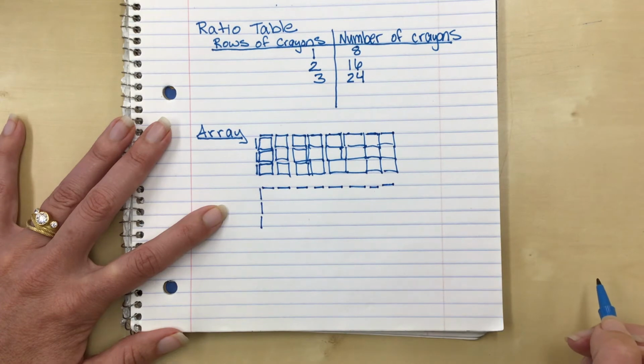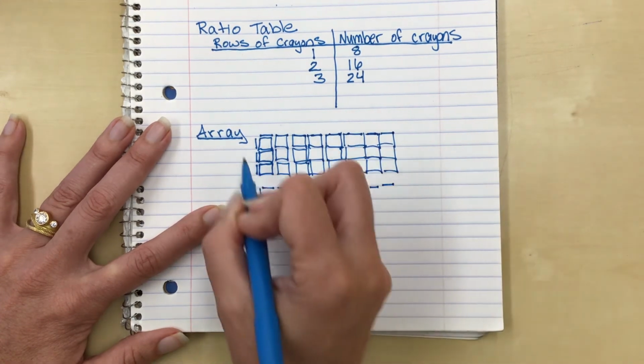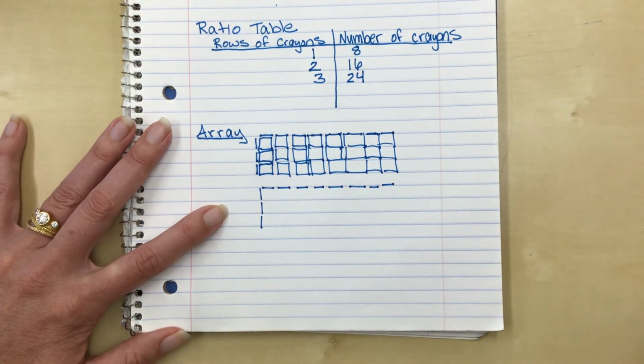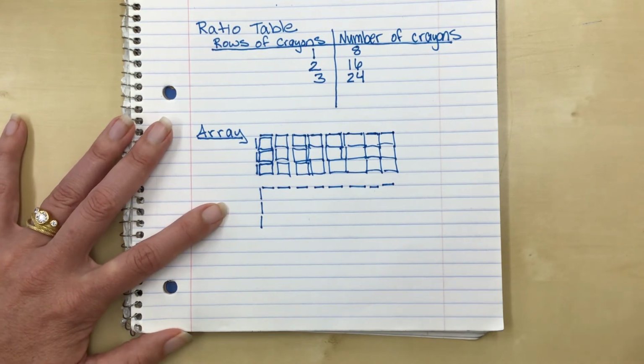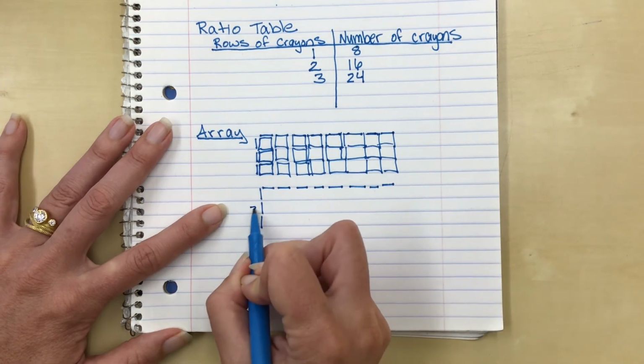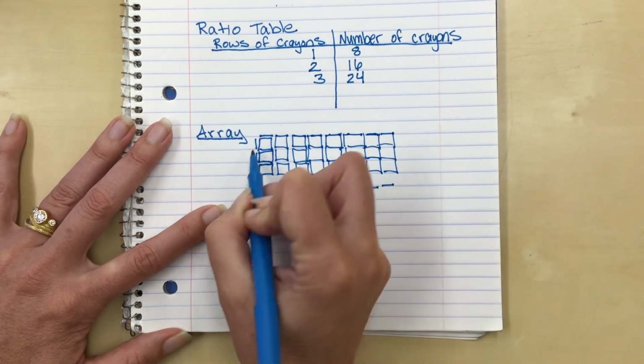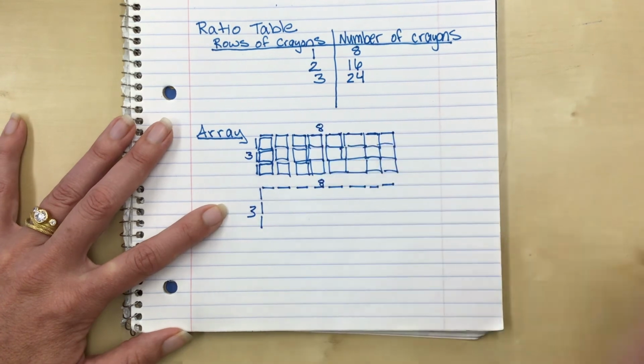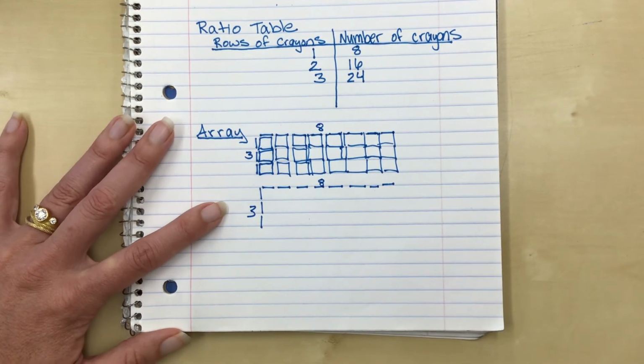Right? So, how many tiles are there altogether? 24. How do you know? Because it's like the crayons in the box. And 8 and 8 and 8, that's 24. So I'm going to label this 3 and 8. And that is the array model.